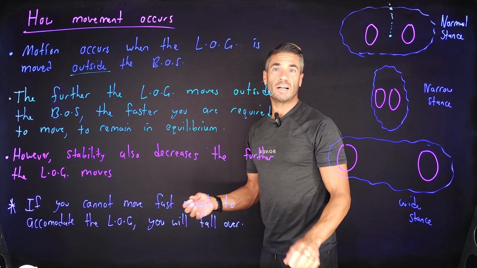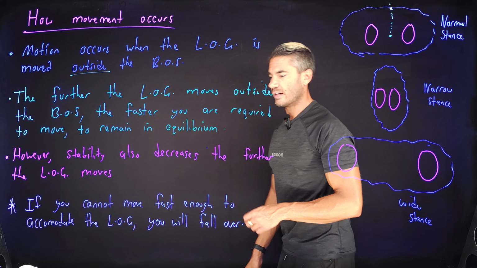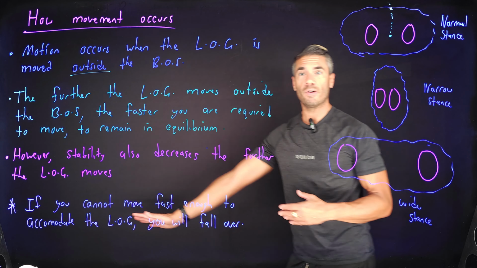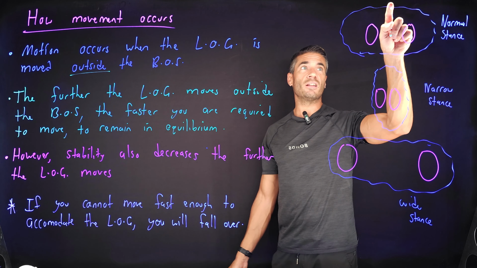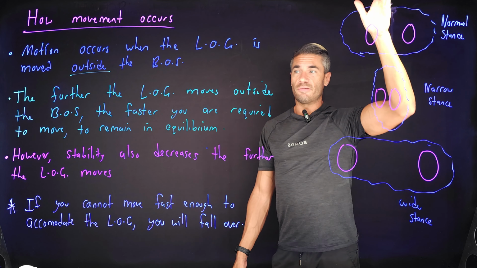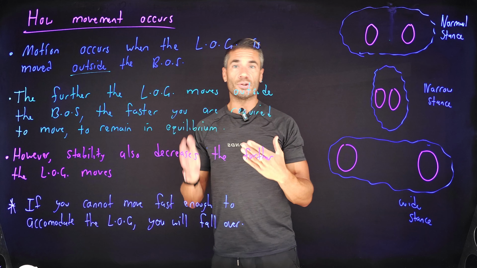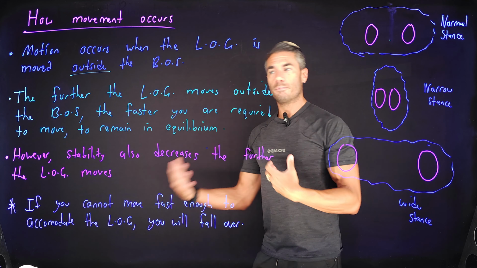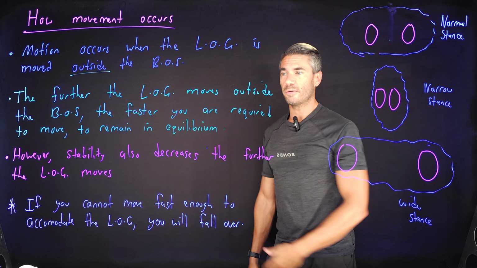So if you look at a walker compared to a jogger, compared to a sprinter, a sprinter is pushing their line of gravity way out forward and they are going hell for leather as fast as they can. So their line of gravity is going to be up here off the board, quite far out. But again, they've got to accommodate for that by taking bigger steps and faster steps, forward and forward and forward, and keep going, all right?